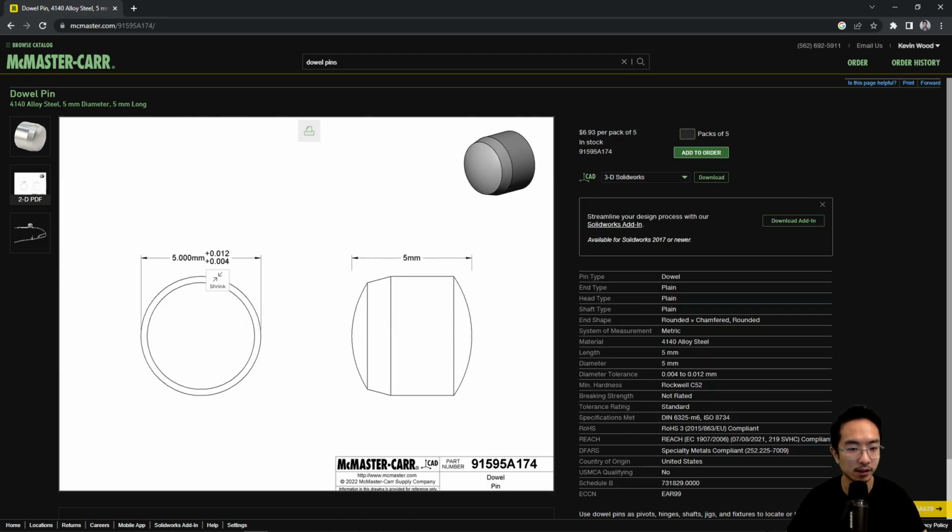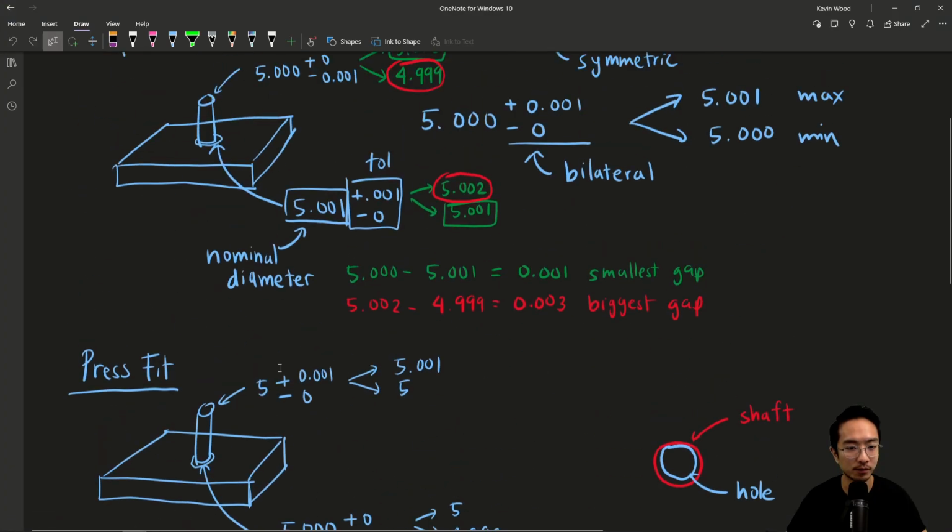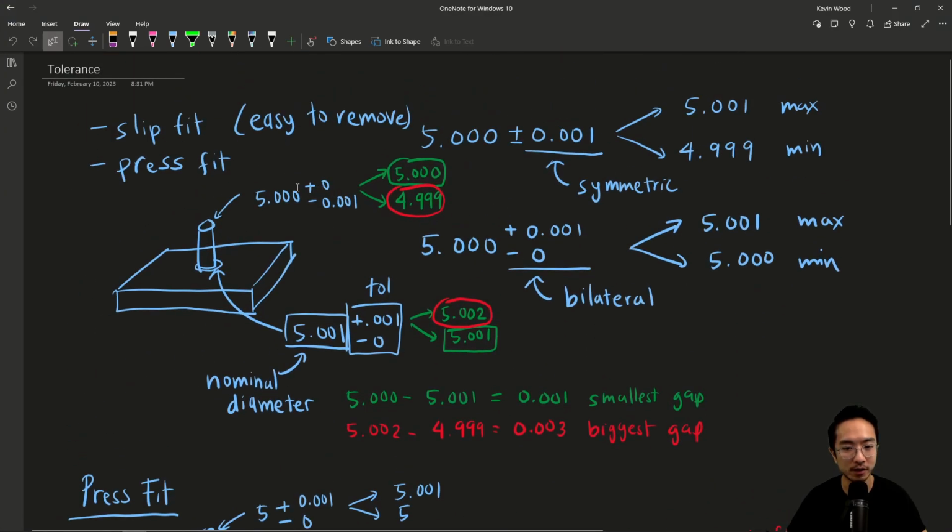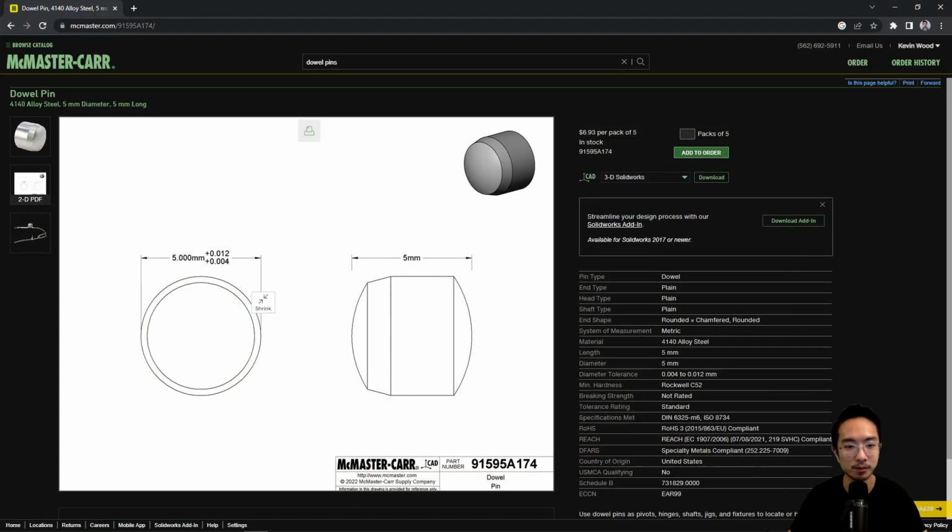oversized, right? It has an upper limit of plus 0.012 and then plus 0.004. One thing to note, here I was actually talking about it in terms of inches. I should have specified that, so those are in inches. This one is in millimeters, right?